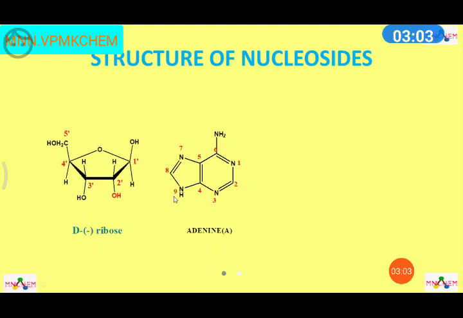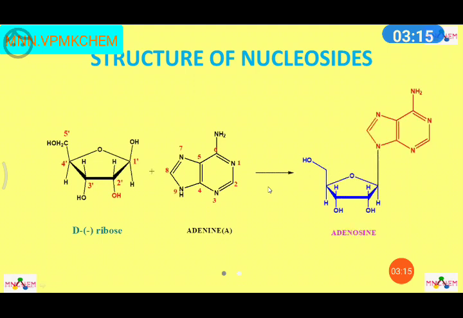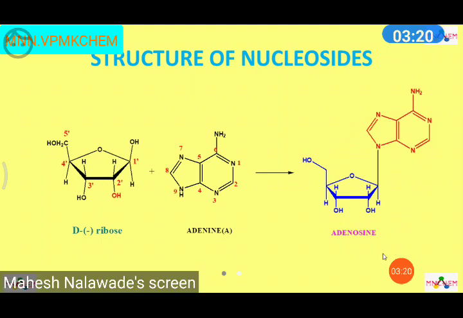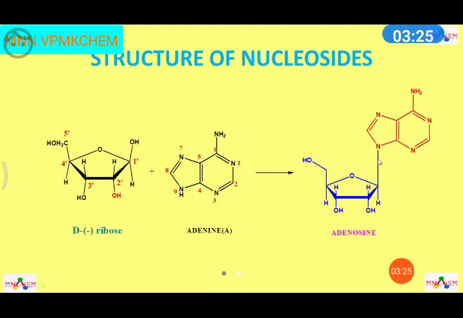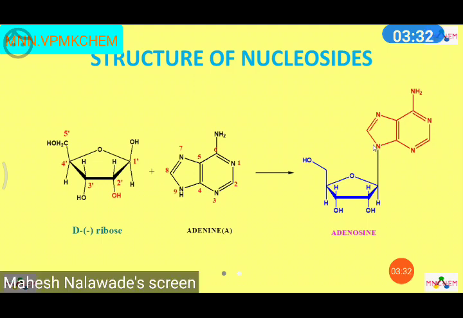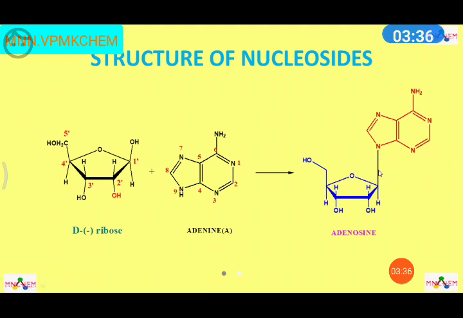So for adenine, the nitrogen at this 9 position will get linked to the C1' carbon. It can be represented like this, and the nucleoside is known as adenosine. The bond formed between the carbon and nitrogen number 9 in the purine is also called a beta N-glycosidic bond.